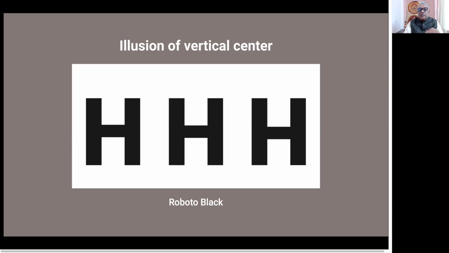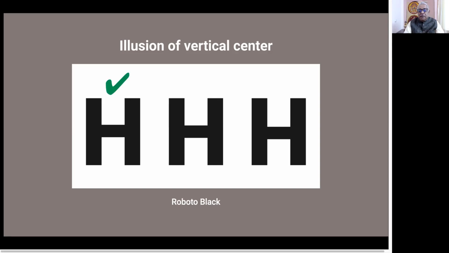So in this case, for the same character, there are three different ways of aligning the crossbars. When we look carefully, one of them appears to be more visually balanced than the others.